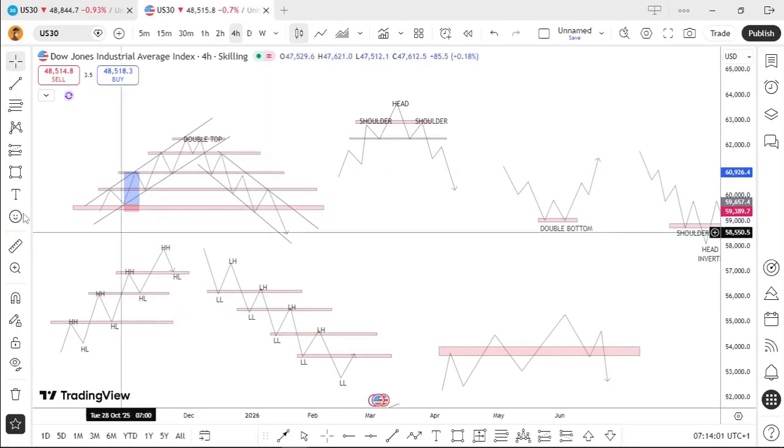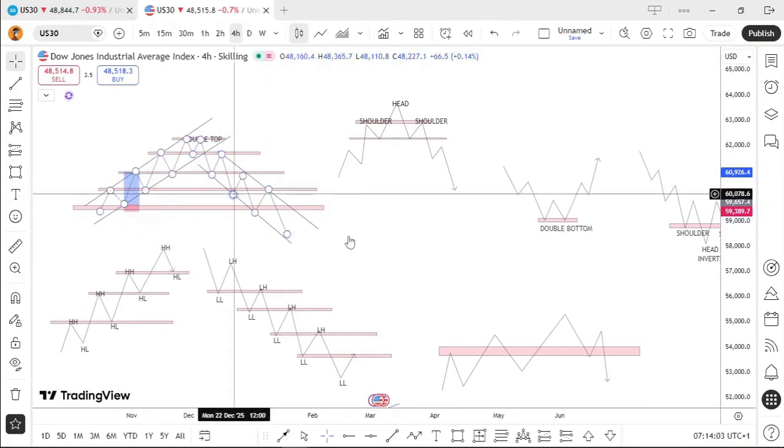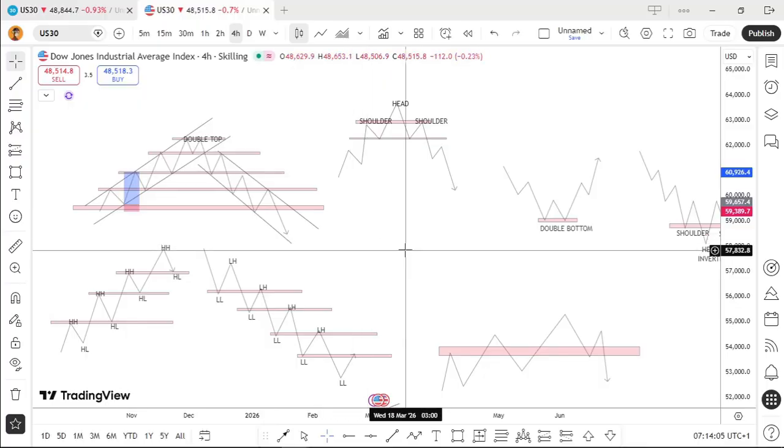Whereas this movement here is called market structure. Time will come when we'll incorporate all these things that I have taught you, the support and resistance and market structure, to analyze the market.